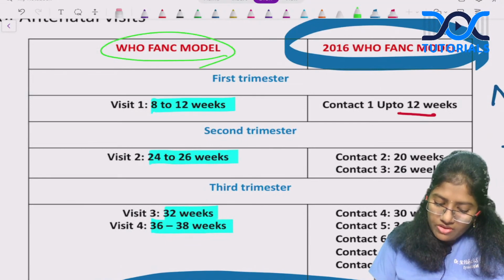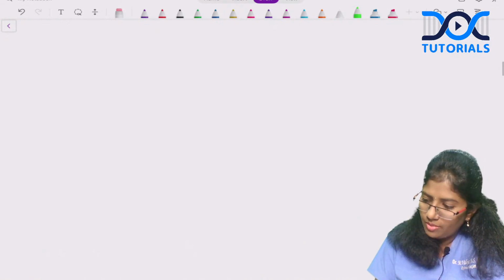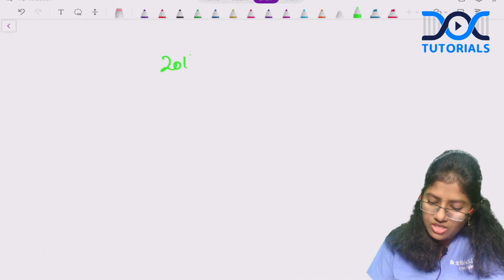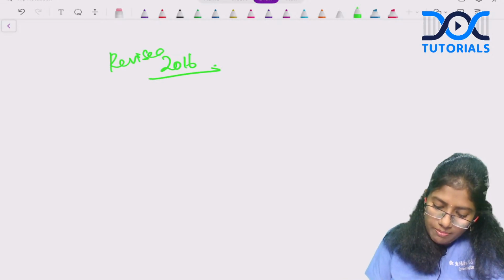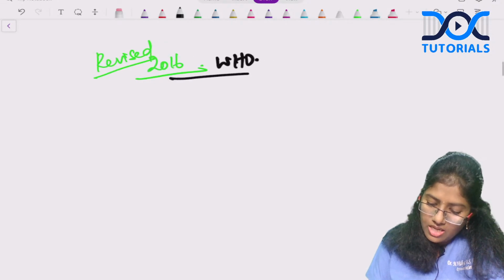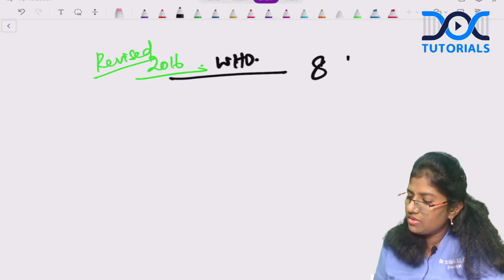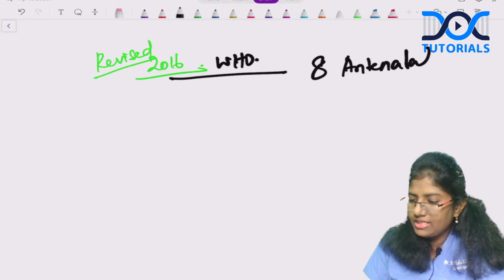The revised 2016 WHO guideline recommends a minimum of 8 antenatal visits. Yes, it has changed. 8 antenatal visits.